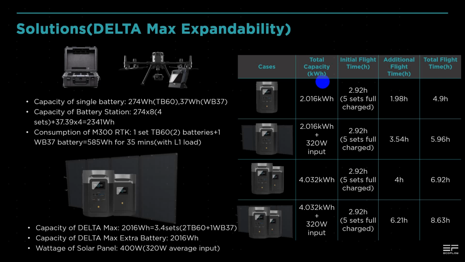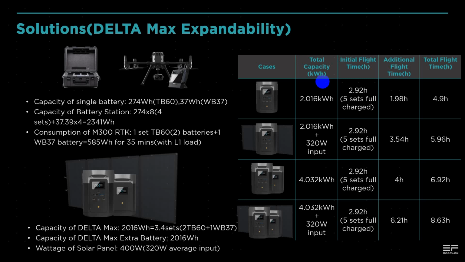This is the battery for the smart remote controller. The battery station holds 4 TB60 and 4 WB37. The total capacity is 2,341 watt-hours.